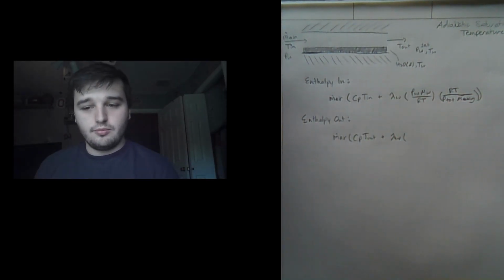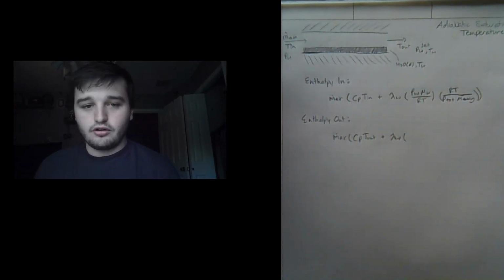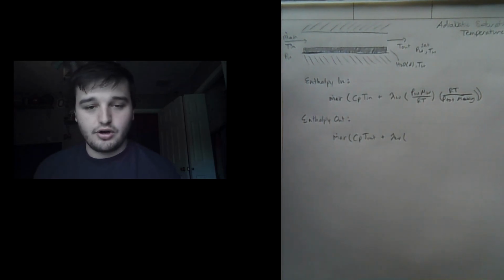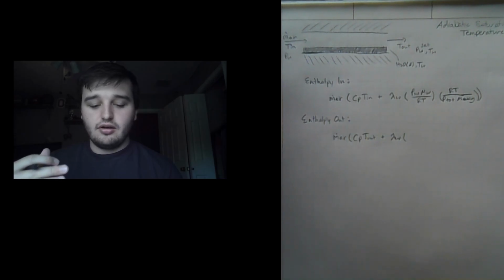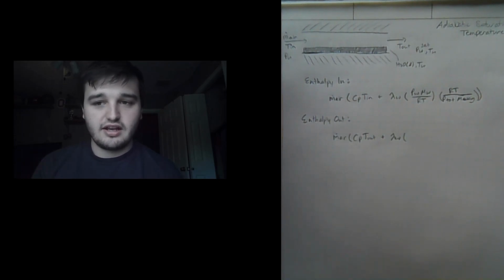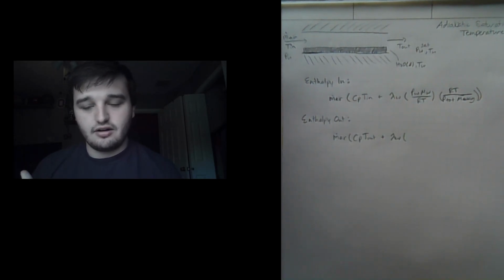Instead of when it goes in, the partial pressure of water is just PW. However, when it comes out, like we said, it's got infinitely long to evaporate, so it just happens this way. It's got enough time to evaporate where it'll be the partial pressure of water at the surface, which is saturated at that temperature TW, and is going to be the exact same pressure of water that comes out of the tube.